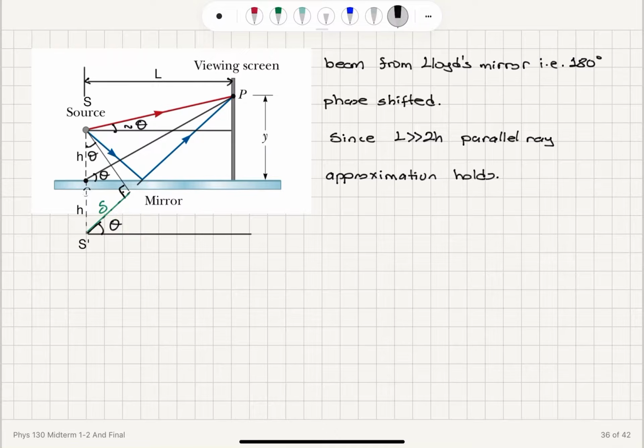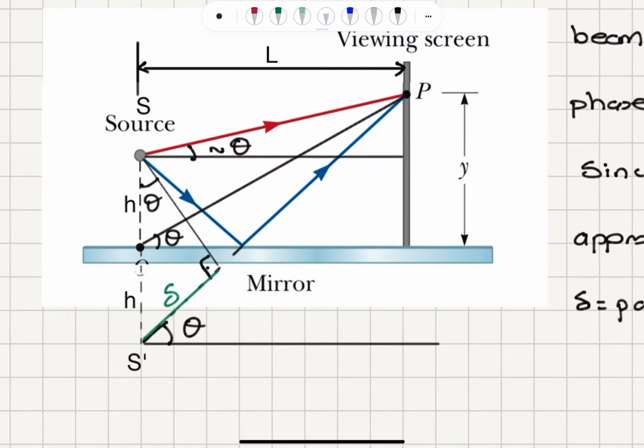So we can write the path difference between these two rays. The path difference, just like in Young's double slit experiment, will be, if this is the angle theta with respect to the horizontal axis, these two rays are approximately parallel. So this angle is theta, this angle is theta. The angle from the mirror towards the point P is theta.